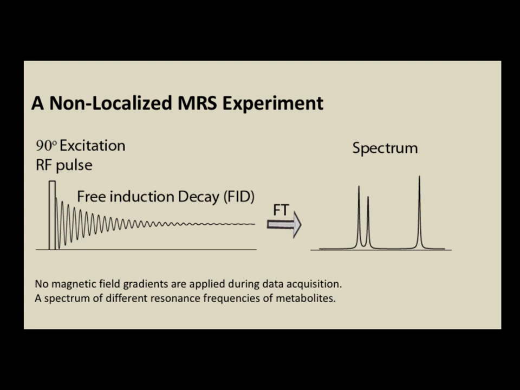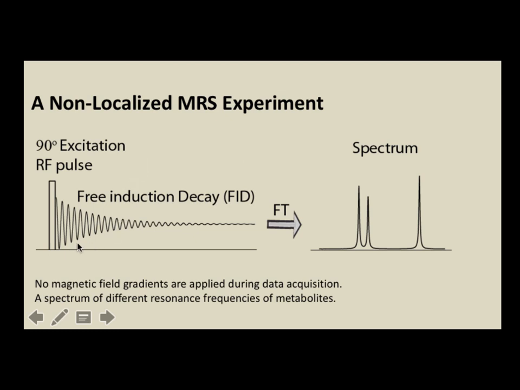So here is a simple pulse sequence for MRS. This pulse sequence has no localization gradient. There's only one 90-degree RF pulse. This 90-degree excitation pulse tips the magnetization vector from the longitudinal direction to the transverse direction, then the spins will precess about the main magnetic field B0.